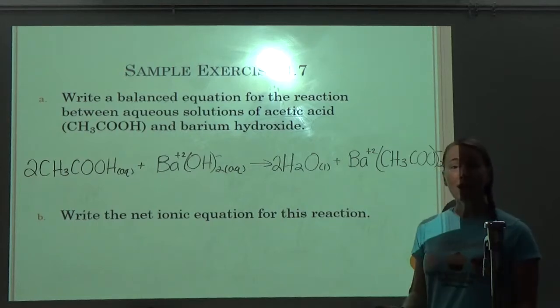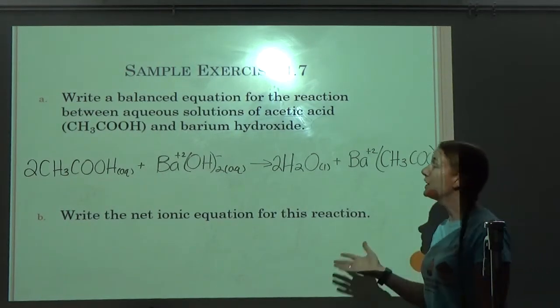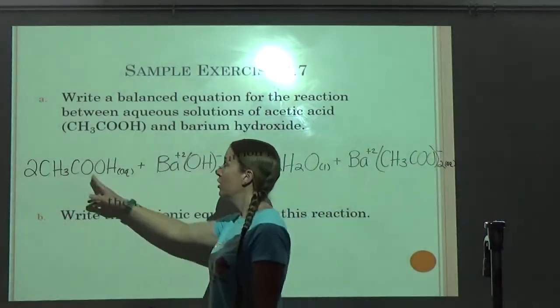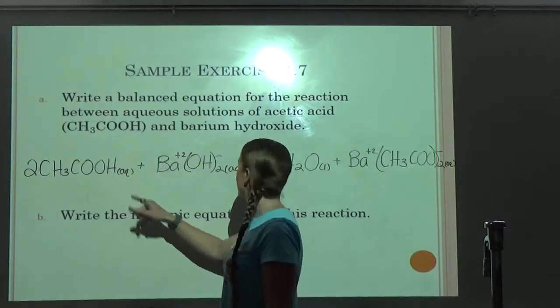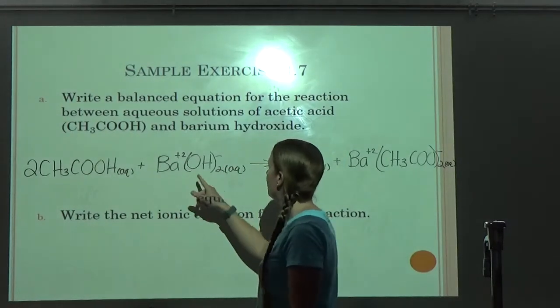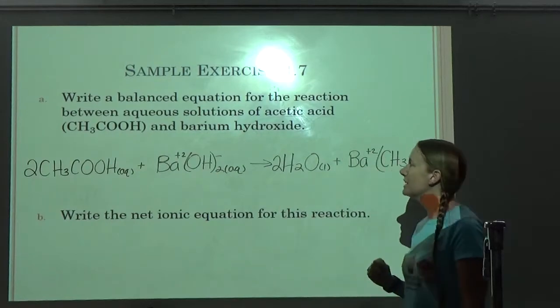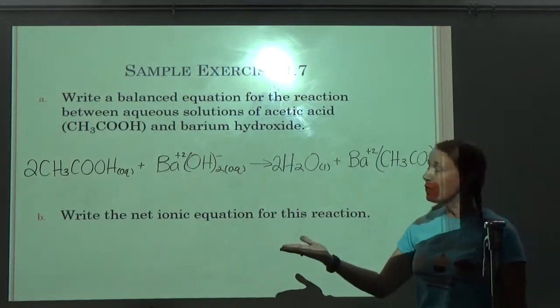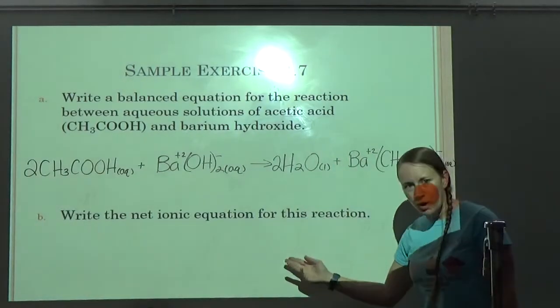All right, so this is where you have to be careful, because when you write the net ionic equation, it's very easy for people to say, okay, well, acetate's aqueous, is still aqueous, hydrogen's aqueous, it became liquid, barium's aqueous, it's still aqueous, hydroxide's aqueous, it became liquid. So you just want to pull down the hydrogen, the hydroxide, and the water.